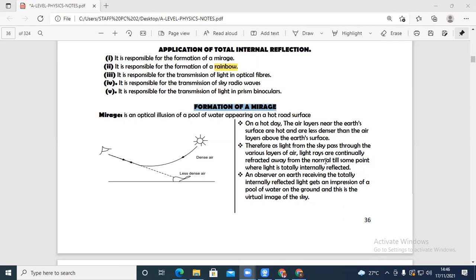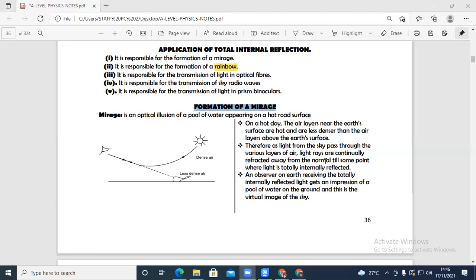What do you have to write? One, you say this occurs on hot days. The air next to the land is heated and becomes less dense, and the air above the earth is cold and is dense. So a ray of light traveling from the sky to the earth is gradually refracted until it reaches a point where total internal reflection takes place.